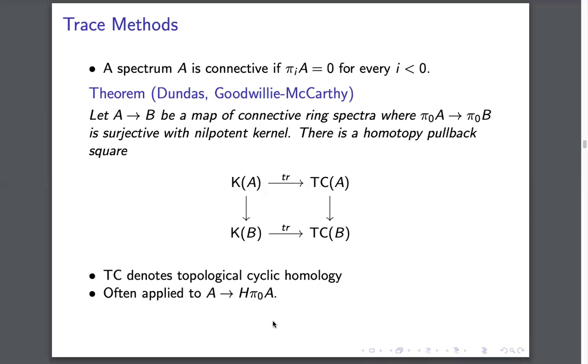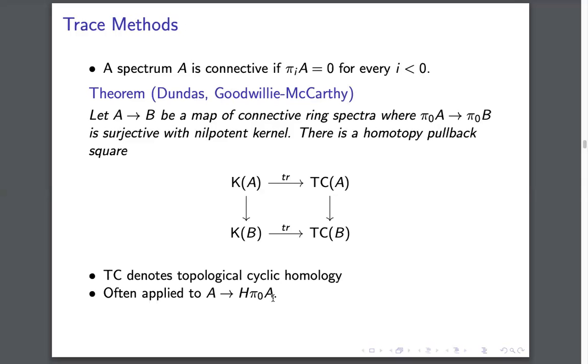And you obtain an Eilenberg-MacLane spectrum, because when you have something connective and kill all the homotopy above degree 0, you get something whose entire homotopy is concentrated in one degree. So this is the Eilenberg-MacLane spectrum of pi 0 of A. So you get this map. If you take the K-theory of this guy, which is a ring spectrum, as I told you before, the K-theory of this guy would be just the K-theory of pi 0 of A, right?